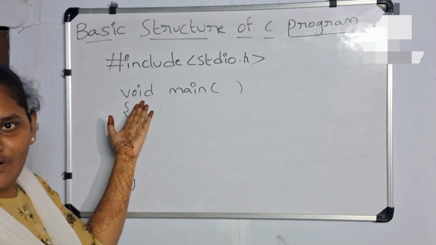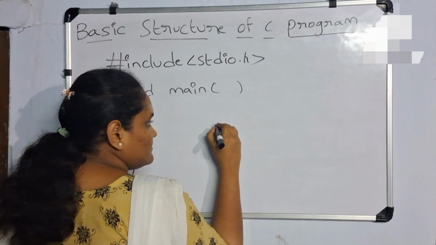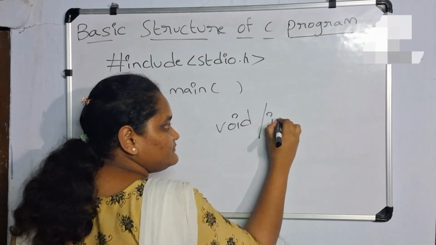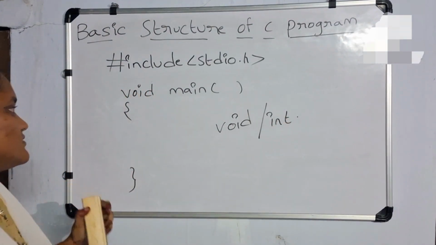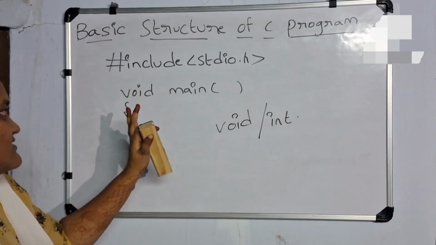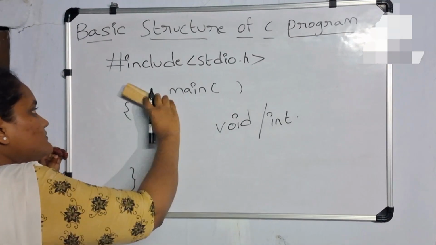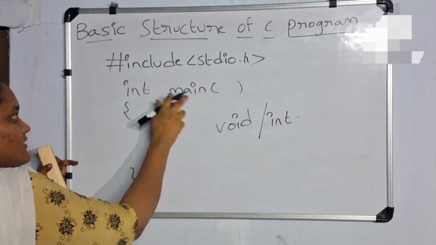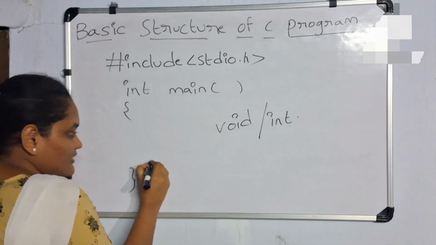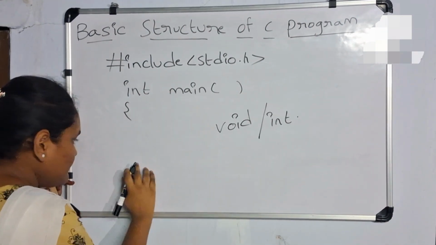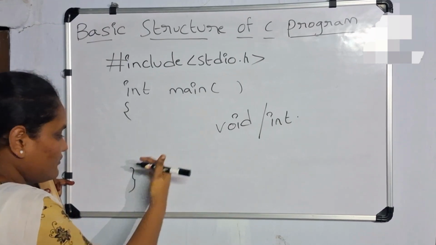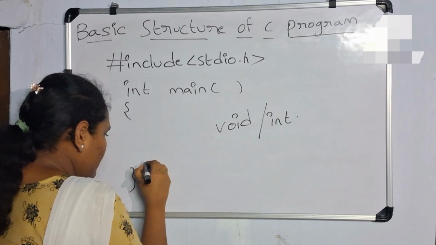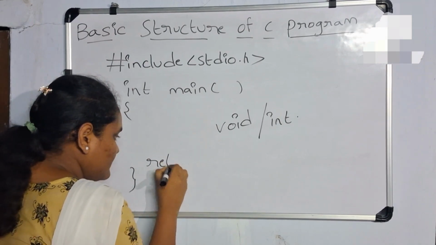Here I wrote void. Main can have two return types, either void or int. If you keep the return type of main as int, you should write return 0 at the end of the program, before the closing curly brace.